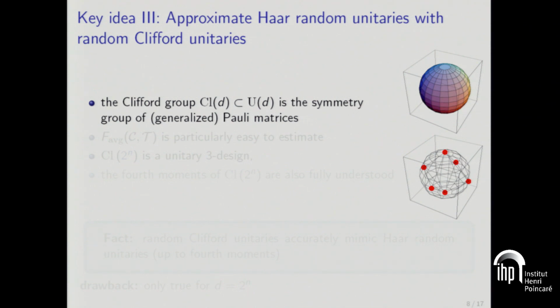And just to bring us all on the same page, the Clifford group is a subgroup of the full unitary group, and it's the symmetry group of the generalized Pauli matrices. So in d dimensions, you can always define generalized Pauli measurements, and the Clifford group are those unitaries that, if you sandwich a Pauli matrix from the left and the right, if you conjugate it with such a unitary, then it maps the Pauli to another Pauli matrix up to a global phase.